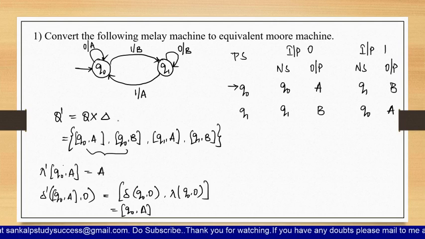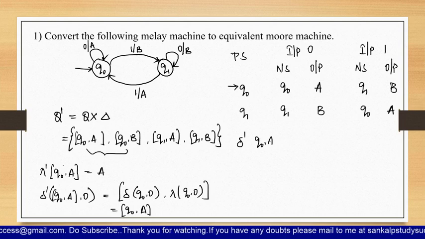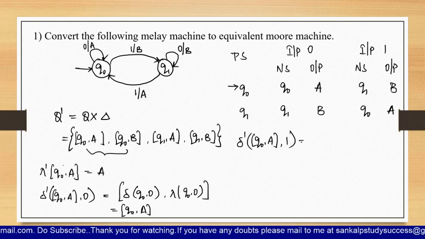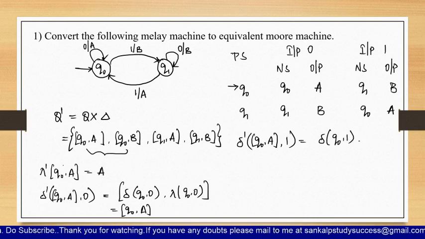In the same way we are going to find the transition function dash by applying the input symbol 1 to the same state. So transition function dash of (Q0, A) by applying the input symbol 1. According to the formula, transition function of (Q0, 1), lambda of (Q0, 1).